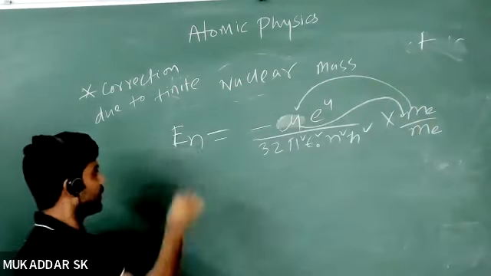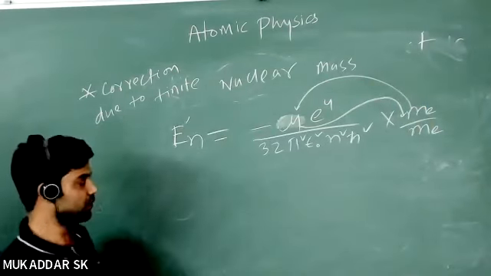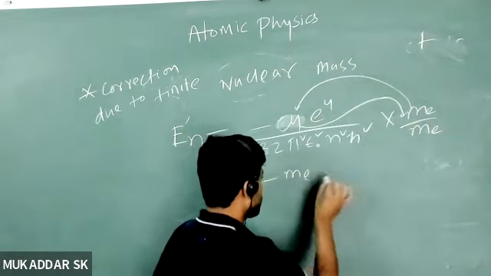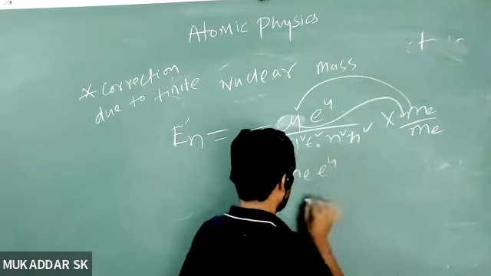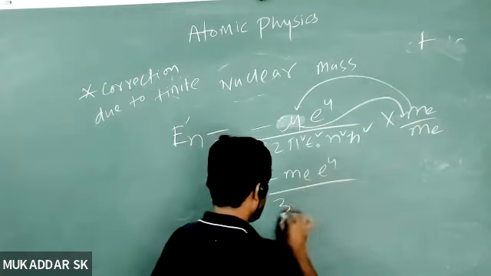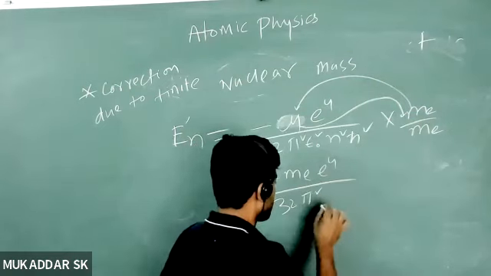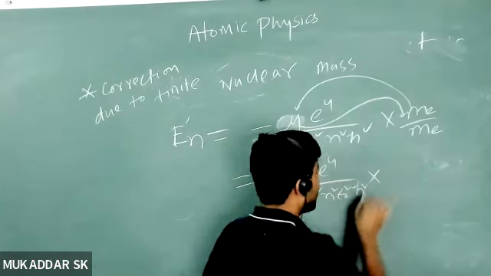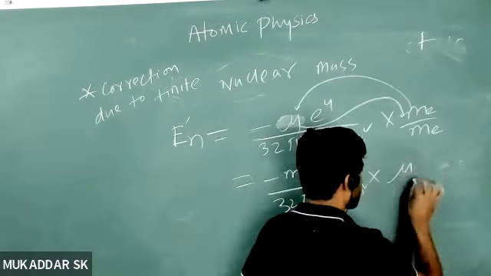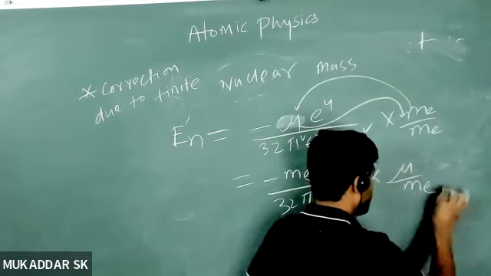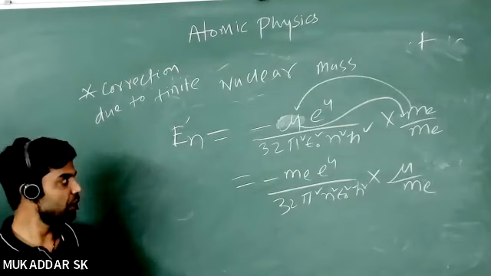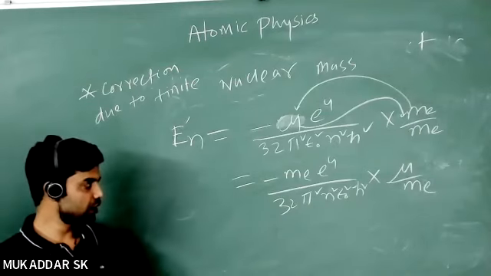Now I'll bring this m_e from here to here, and I'll bring this mu from here to here. So ultimately, let us assume this is En dash. So En dash will be nothing but minus m_e e to the power 4 divided by 32 pi square n square epsilon naught square h cut square, and you will have mu by m_e, right?